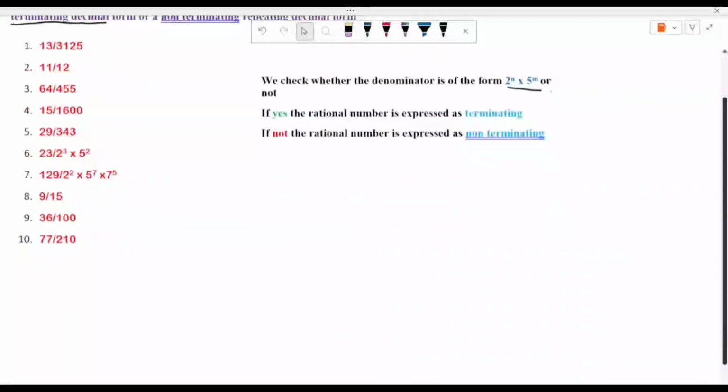I will show you each and every question. Start with the first. The first decimal is given as 13 divided by 3125. I will prime factorize the denominator 3125.